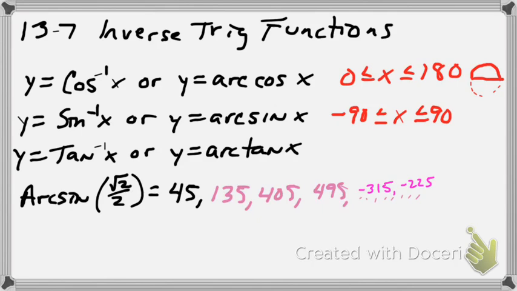You have to have an area where you can only have one answer. And for sine, to get the positives and the negatives, you can't go 0 to 360 or whatever because that has two answers. You can't go 0 to 270 because that includes two positive answers. So that's really the right side of the circle.